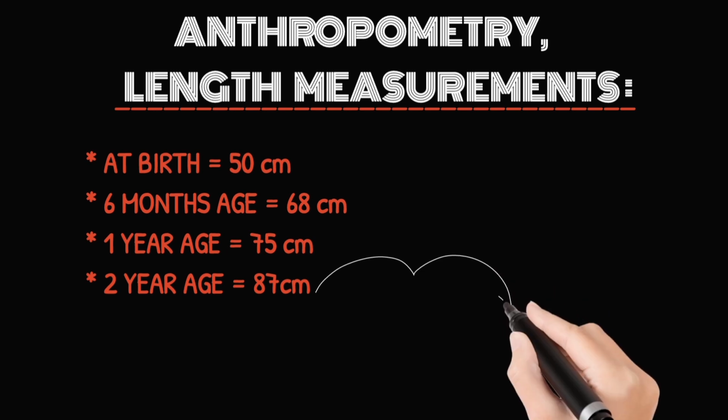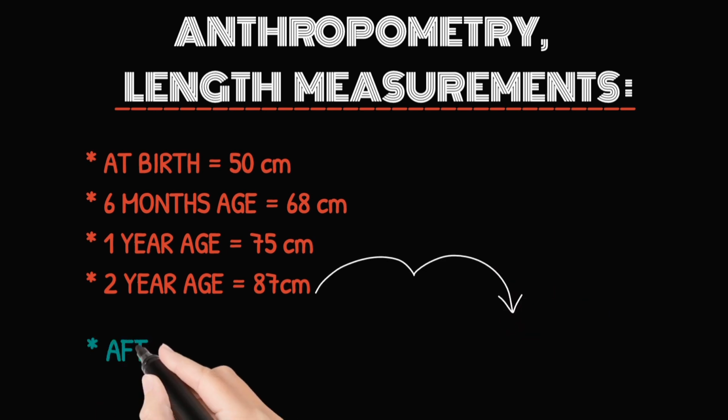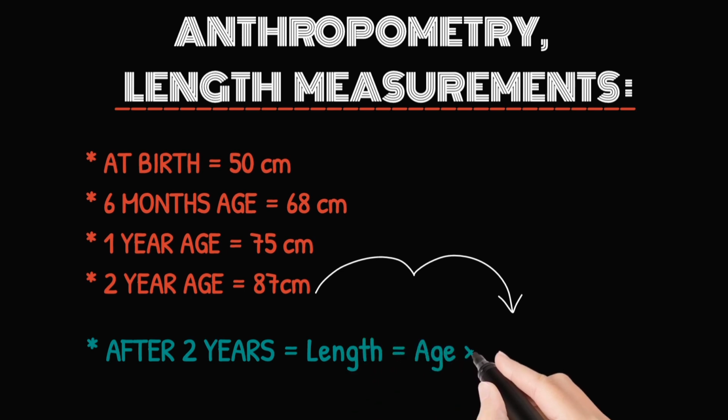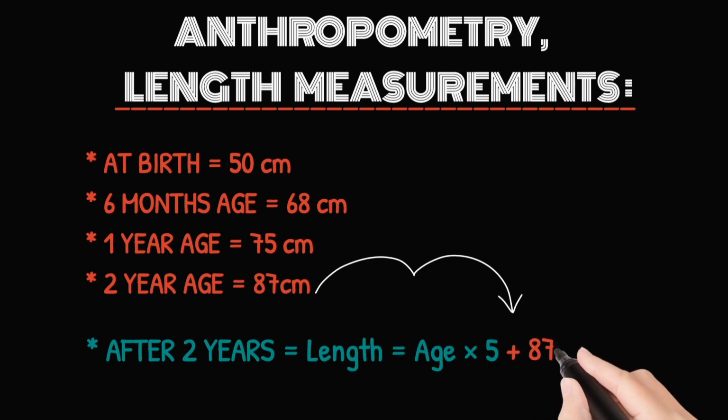So now if you want to find out the length of your pediatric patient beyond this 2 years of life, you have to multiply that age with 5 and also add that 87 centimeter that was till the age of 2.